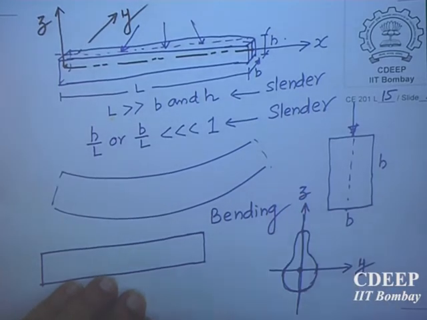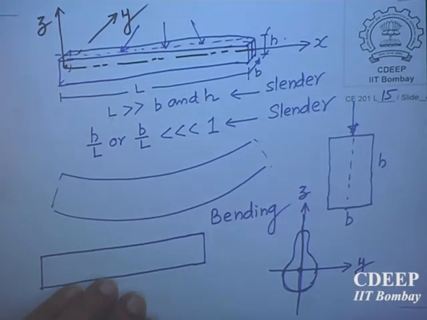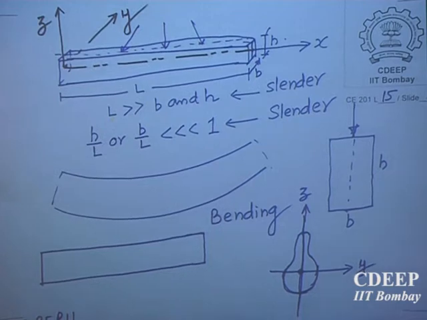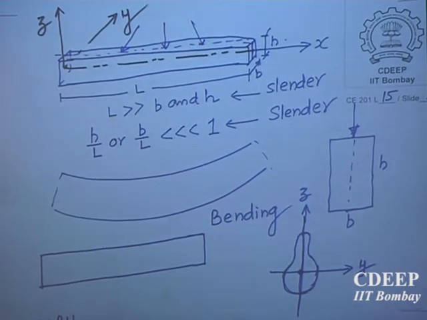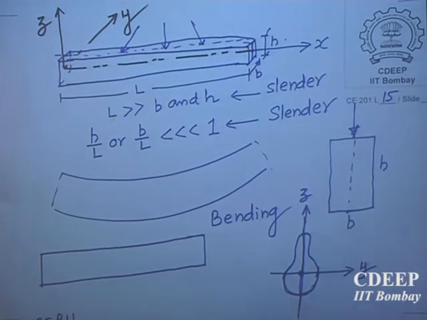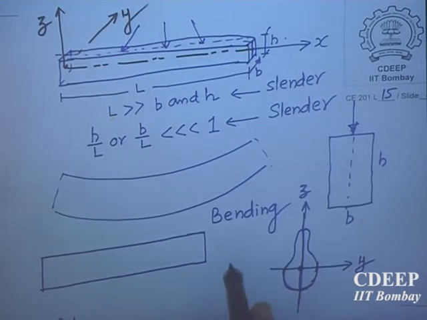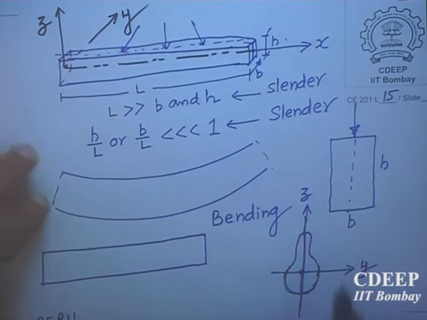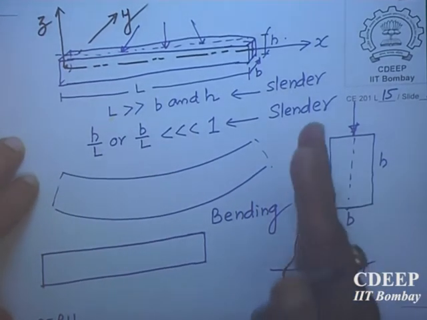XZ plane divides the cross section into two equal halves, so I am taking that kind of cross section. See, unless you come to the class, you will not understand this. So I am taking a cross section, I am simplifying. What is the reason? Why? And then I am applying my load only in XZ plane.